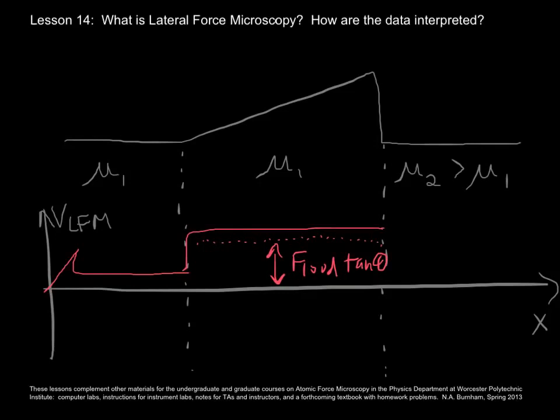Then we're going down a step, so there's an event that almost straightens the cantilever up. And then we said this area had greater friction than originally.